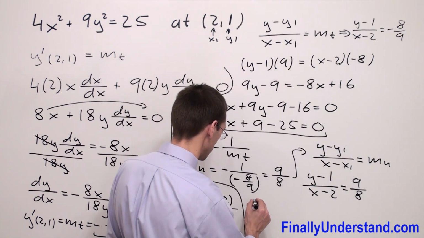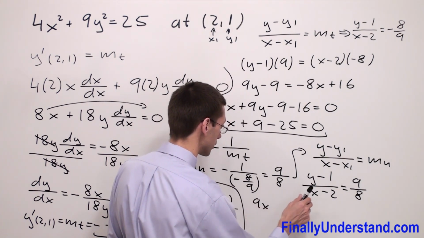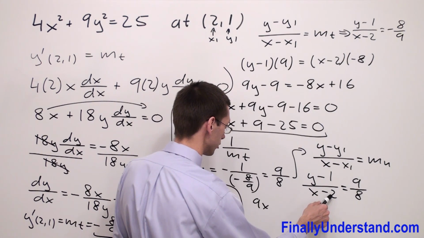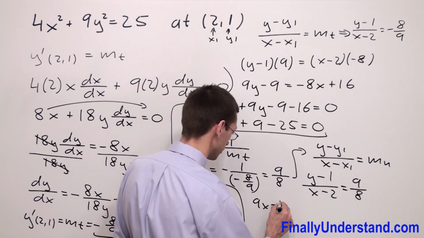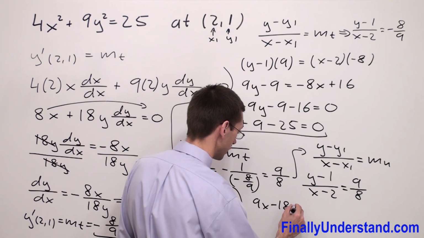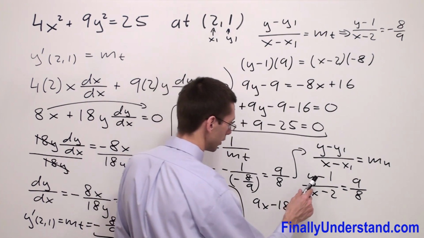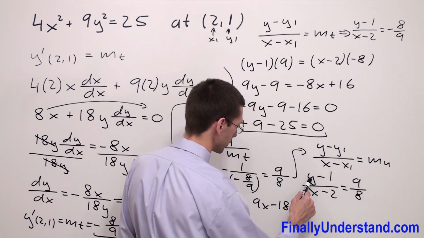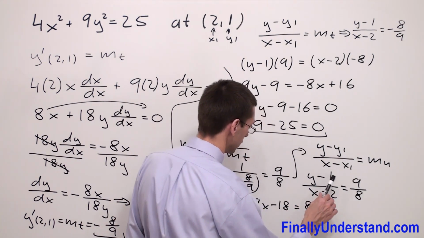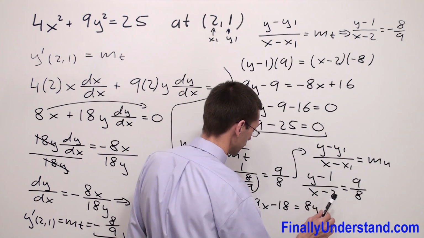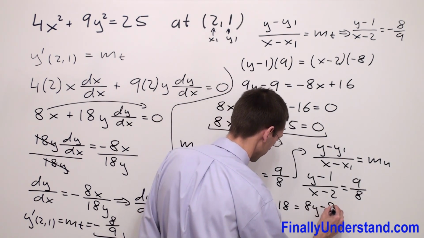So we have 9x, negative 2 times 9 is equal to negative 18, is equal to 8 times y, which is 8y, negative 1 times 8 is negative 8.